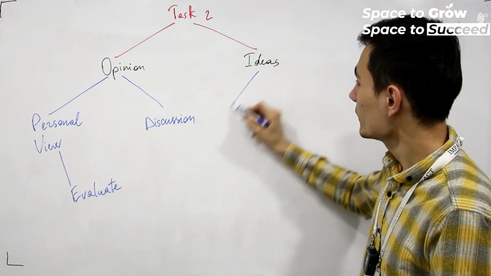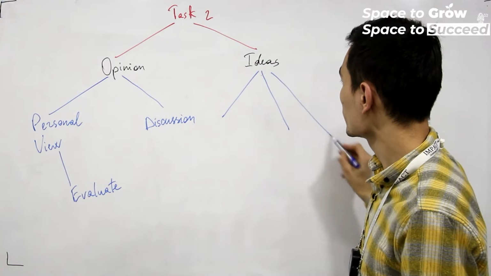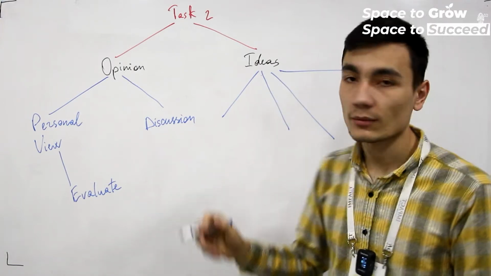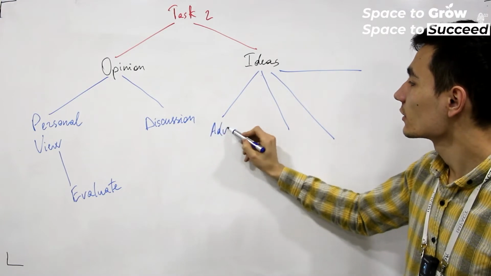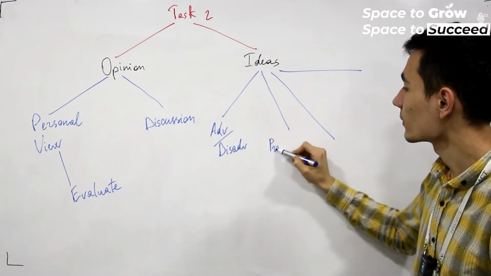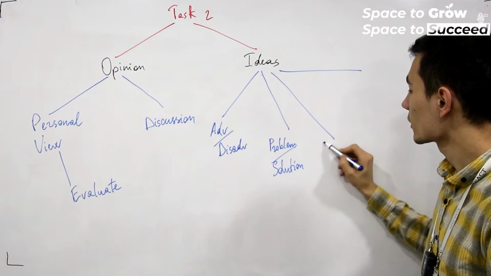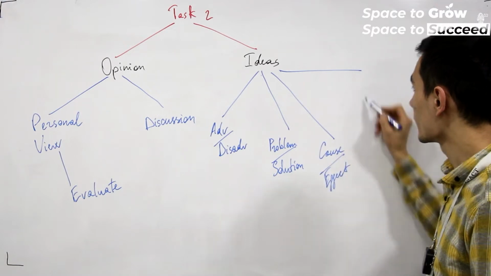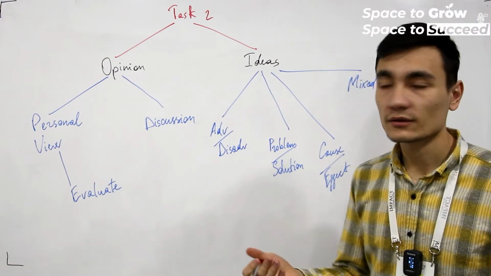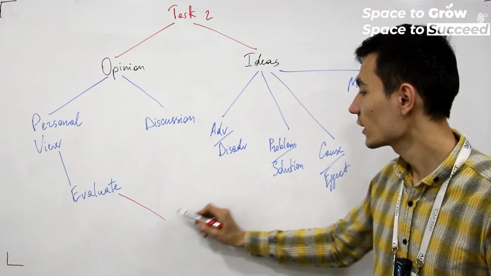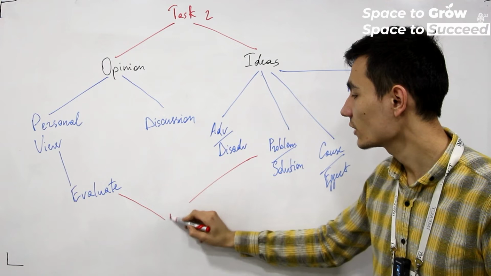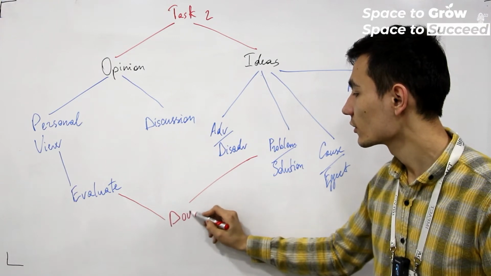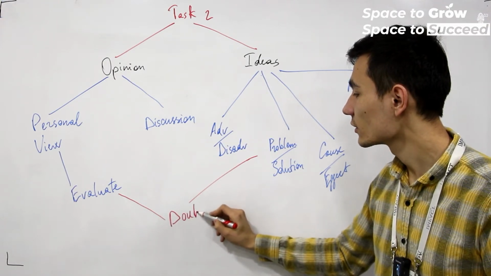And when it comes to ideas, we have more types of ideas essays compared to opinion essays, and they are advantages and disadvantages essays, problem solution essays, cause and effect essays, and mixed essays here. And another thing that you have to know is these types can come together and form double questions of task 2 essays.